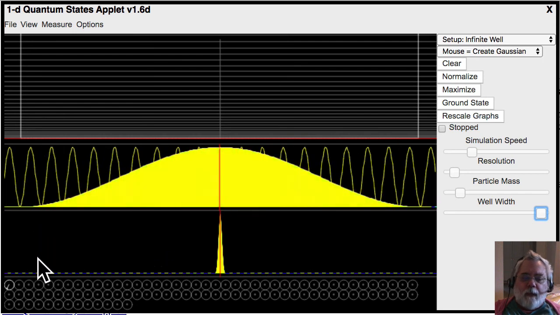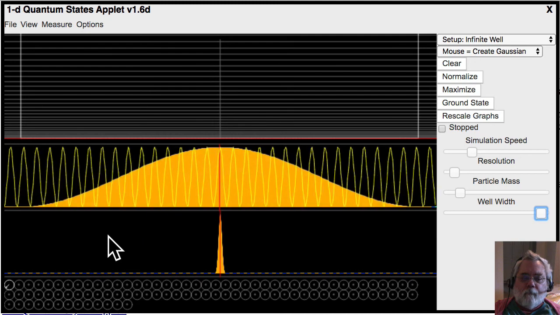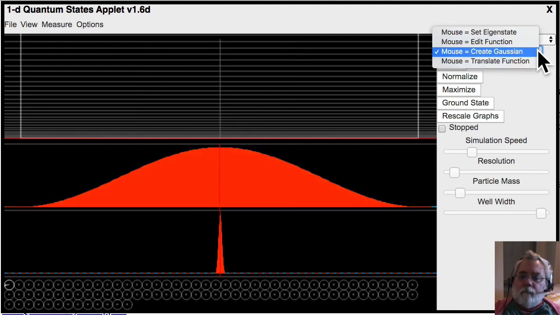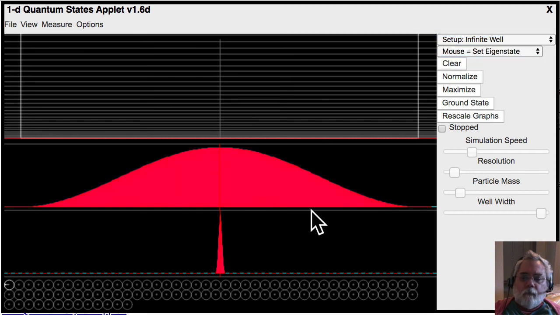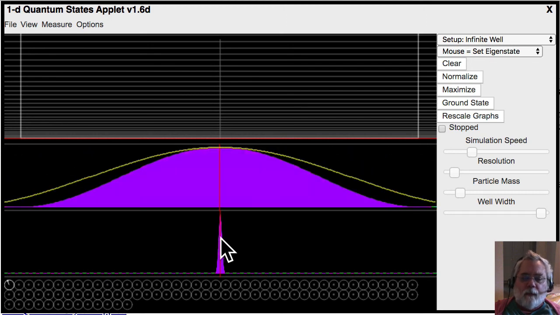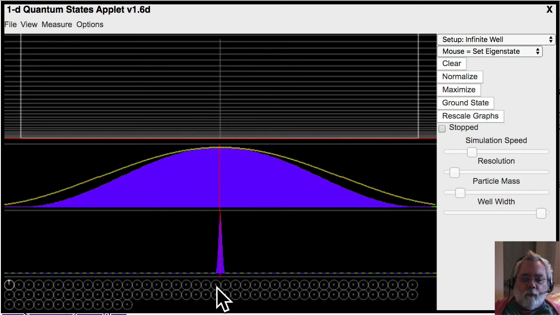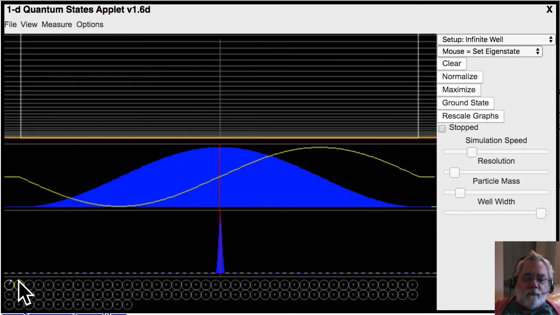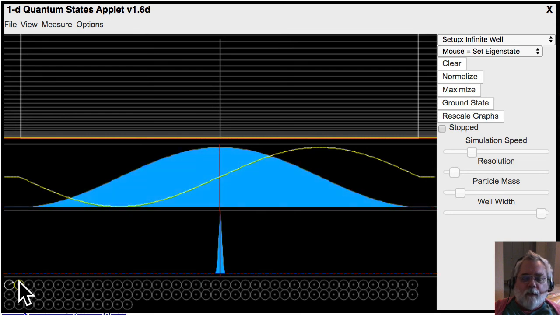Now the third pane here is momentum, but I can't expand this horizontally, so it's hard to see the momentum. This fourth pane here is called phasors. It's the amount of different eigenfunctions that are included in the wave function, the amount and phase.